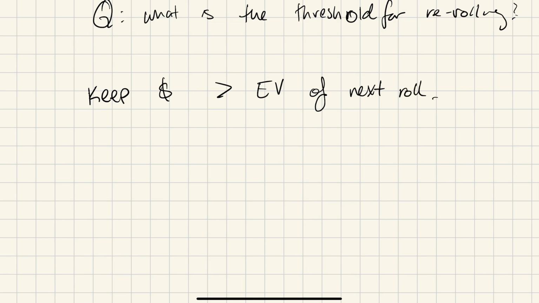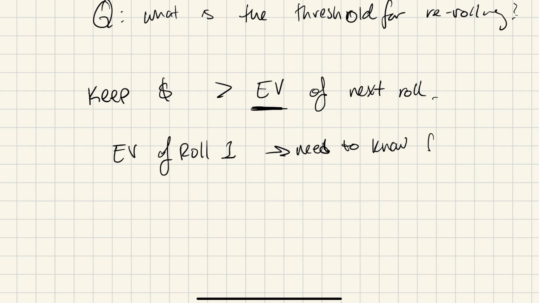So another question becomes, what's the expected value of each of the rolls? Well, clearly, if I want to know the expected value of roll 1, I need to know what it is for roll 2. Right? And similar deal for roll 2.